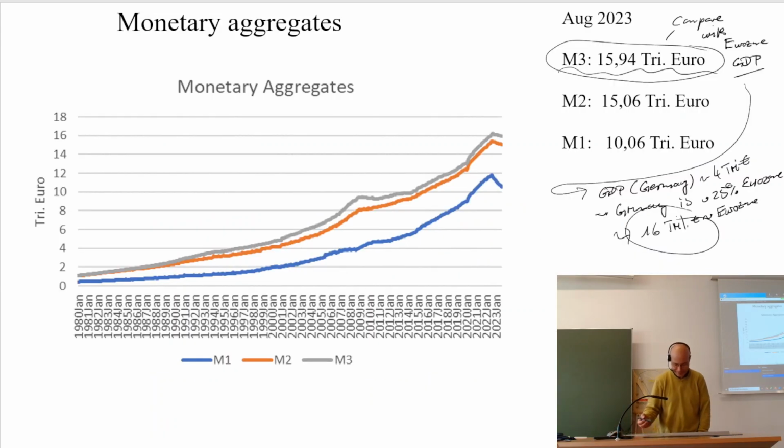Okay. So GDP of the Eurozone in 2020 is roughly 13 to 14 trillion euros.